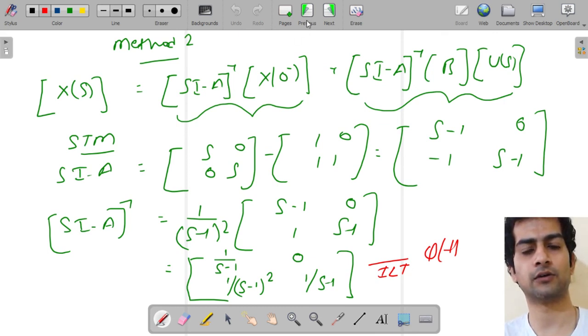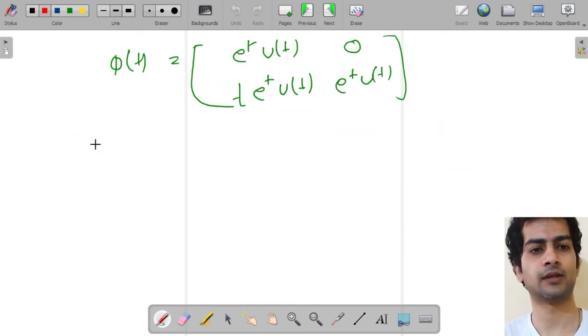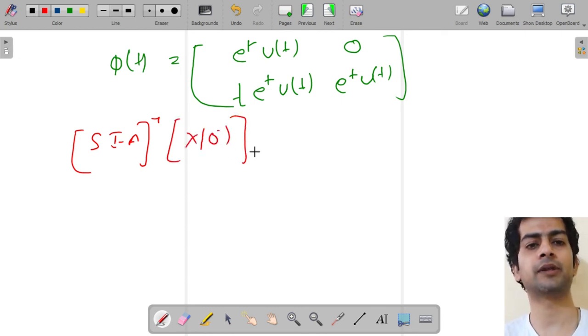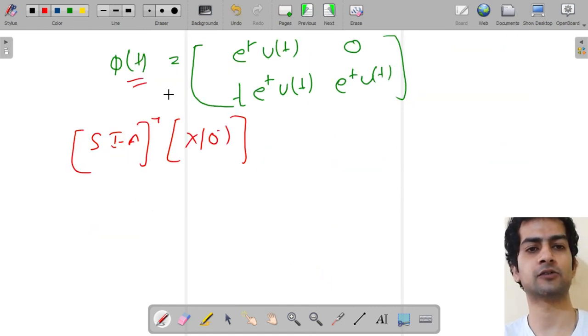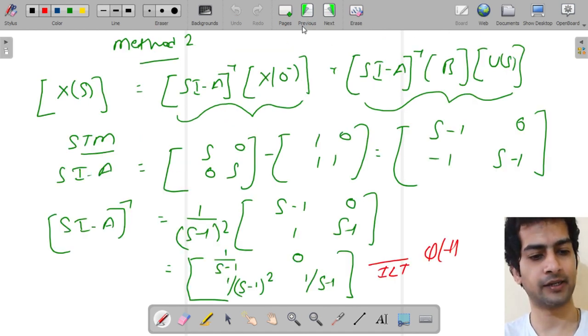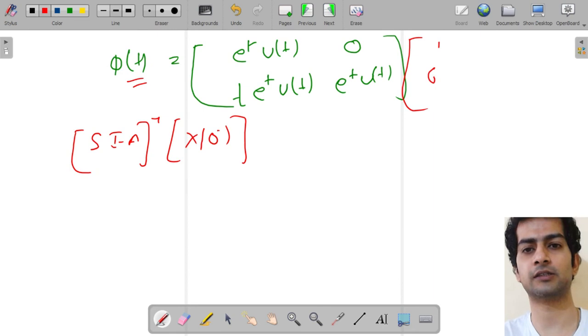Okay, we found it. Let me write it. (sI minus A) inverse x(0). Ultimately, we have to bring everything in time domain. So this was in S domain. We would have multiplied this directly with our initial conditions, but as now I have found phi(t), let's multiply phi(t) with our initial conditions, and my initial condition is 1, 0.